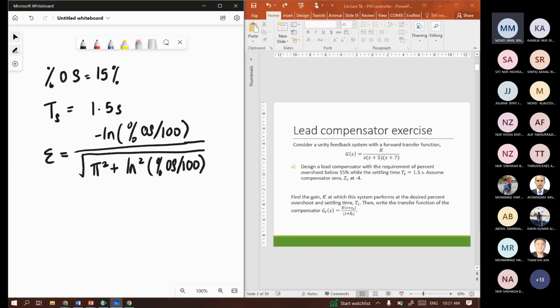You just plug in the values in your calculator to get the damping ratio. From the calculator, you get damping ratio equals 0.6719.